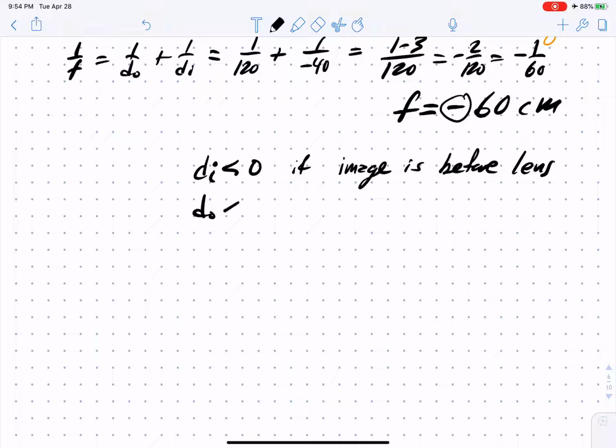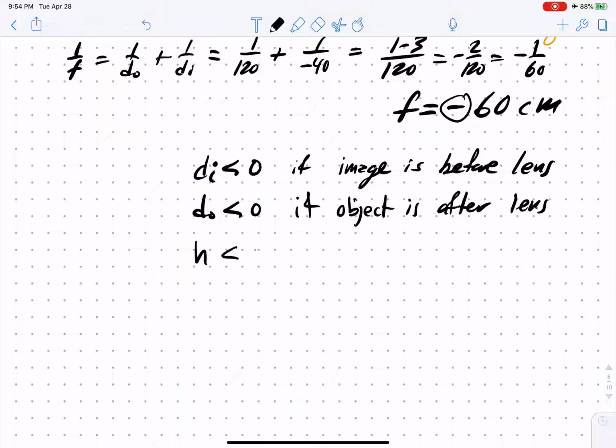The object, on the other hand, is negative if the object is after the lens. Now, it's not obvious how that could be possible, but we'll see on Friday how we can do that.